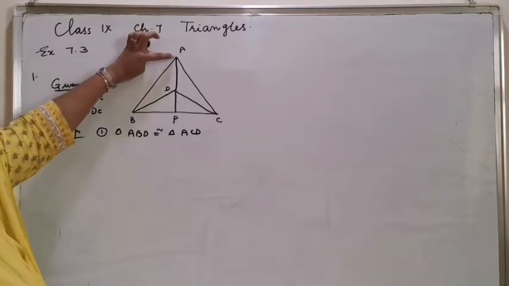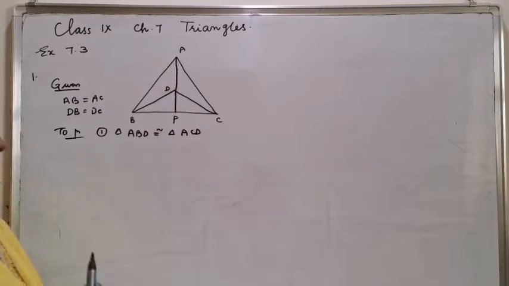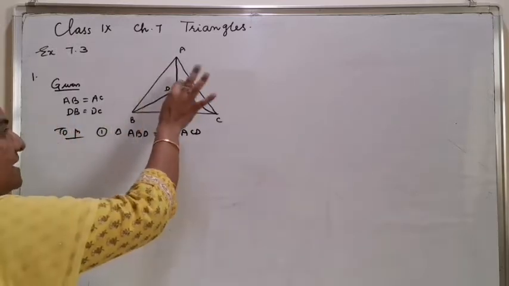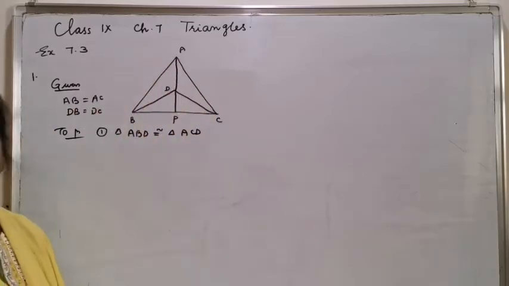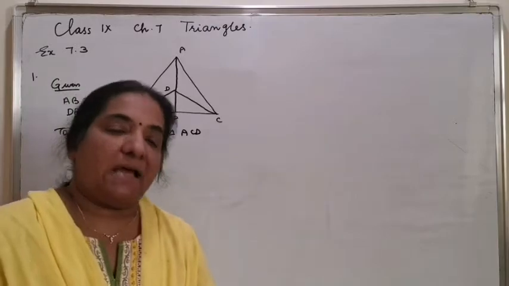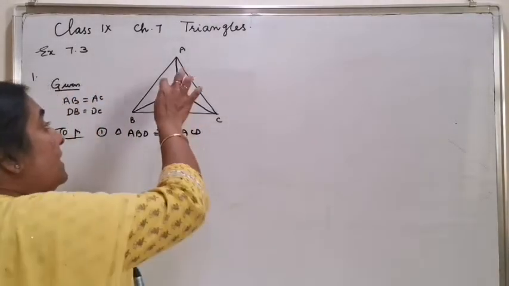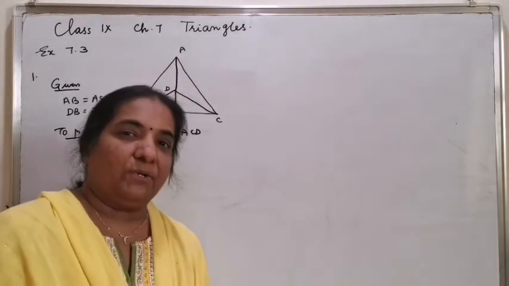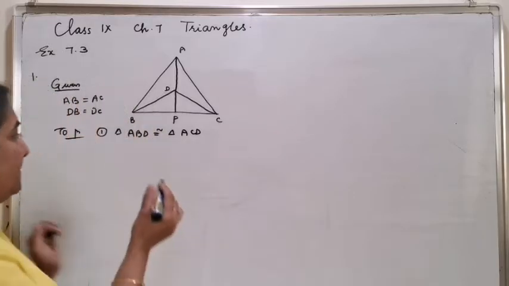In triangles ABD and ACD, it is very visible. We will use the given condition: AB and AC are equal, DB and DC are equal, and what do you see as common for both the triangles? The common side AD, which shows that the triangles are congruent by SSS criteria. Let's prove it.